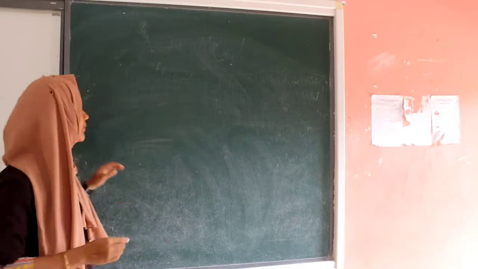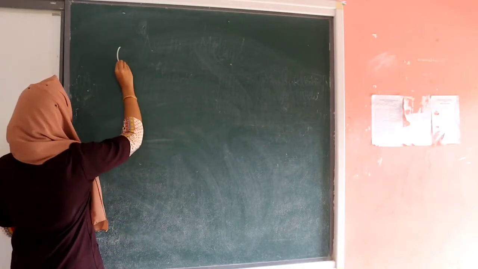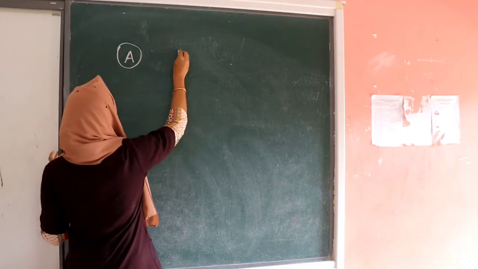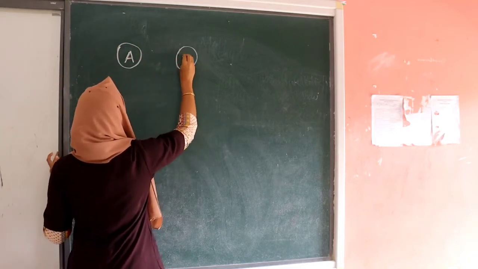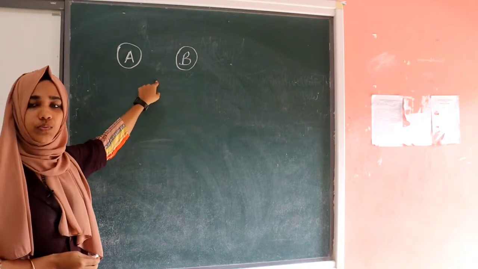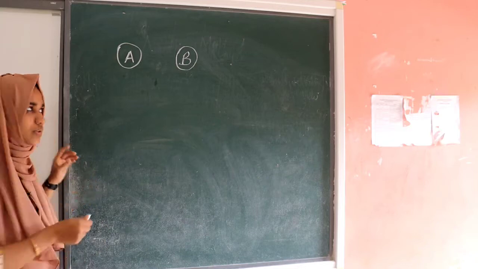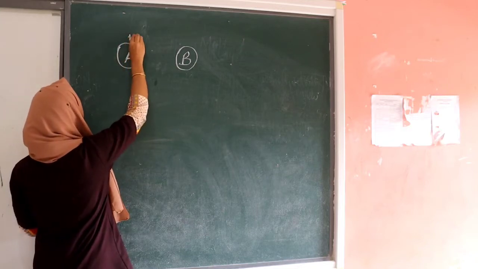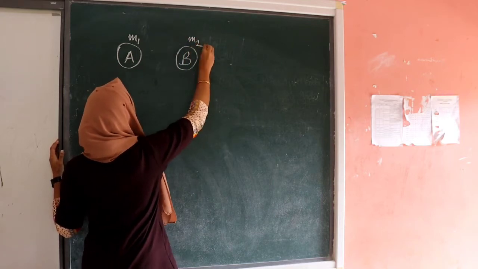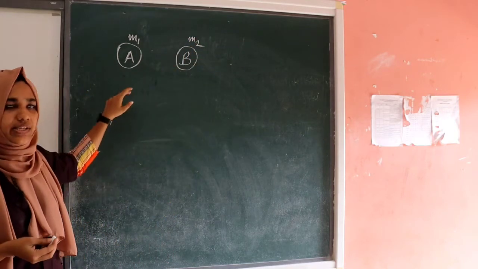So look here. Consider two bodies, A and B, with masses. Here M1 is the mass of A and M2 is the mass of B. Is it clear?